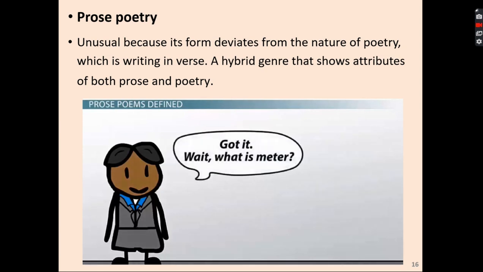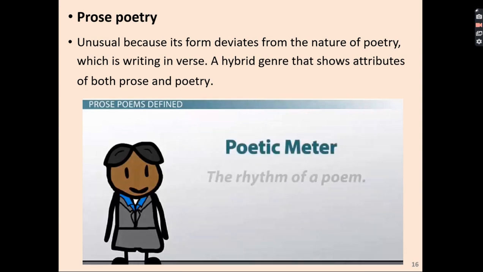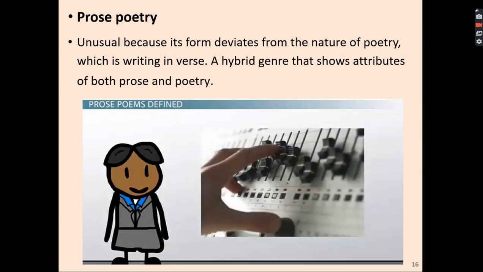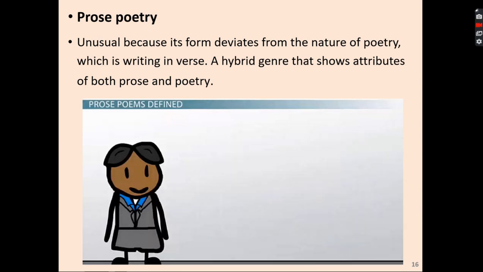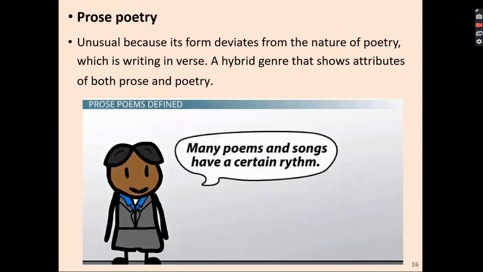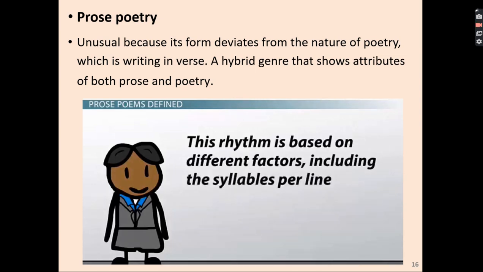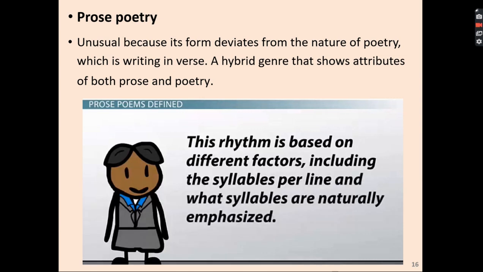Well, that's an easy enough definition, but what is meter exactly? Poetic meter is the rhythm of a poem. Whether you've heard any of Shakespeare's famous sonnets or the latest hip-hop song burning up the charts, chances are that you've noticed that many poems or songs have a certain rhythm to them. This rhythm is based on different factors, including the syllables per line and what syllables are naturally emphasized or stressed if someone were to read the poem out loud.